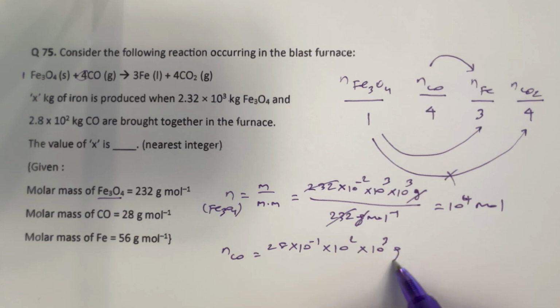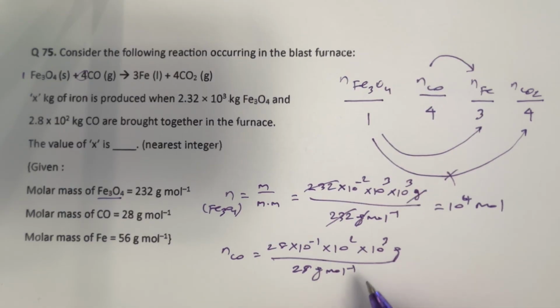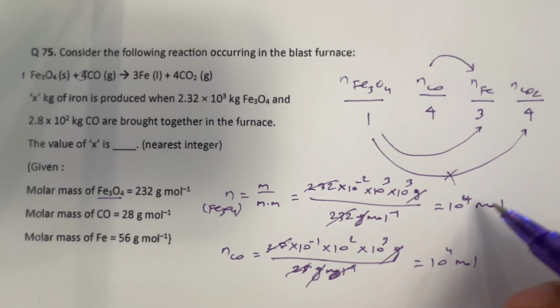So, 10 to the power 3 gram divided by 28 gram per mole, that is the molar mass of CO, 16 plus 12. So, 28 will cancel, sorry, the gram will cancel. So, this is also 10 to the power 4 moles. Both of them are 10 to the power 4 moles.